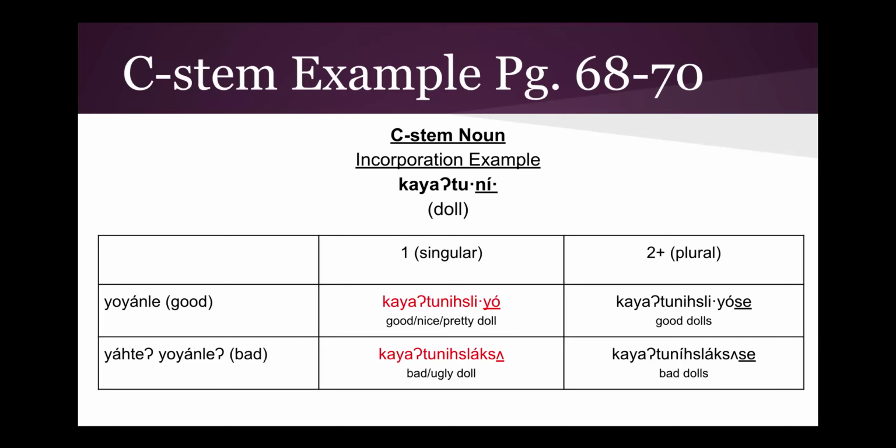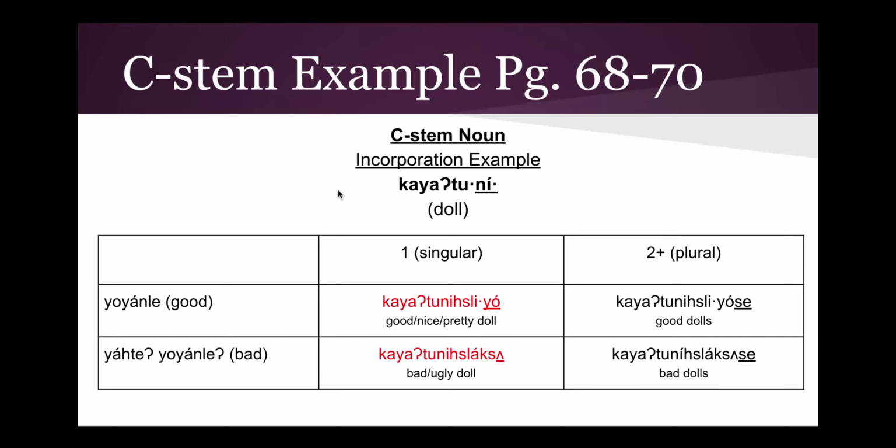So, we can't forget that in our language, in the United Language, our verbs are descriptive. And so they're describing something. They're describing an action or they're describing an object. And so what we have here is an example with a C stem noun. And so this page number reference goes along with that curriculum book that I was talking about, which you will receive in the email in the next couple days or possibly tomorrow.